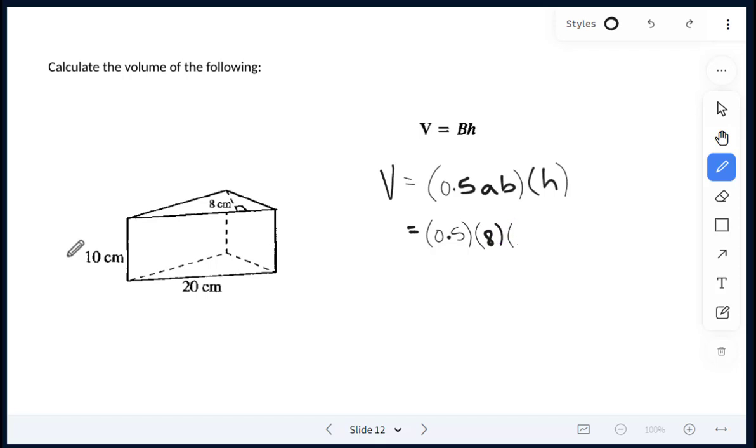The base is 20 centimeters, and the height of our prism is 10. And then we just multiply that out, so 0.5 times 8 times 20 times 10, which gives me 800. All right, and our units are centimeters, so therefore centimeters cubed.